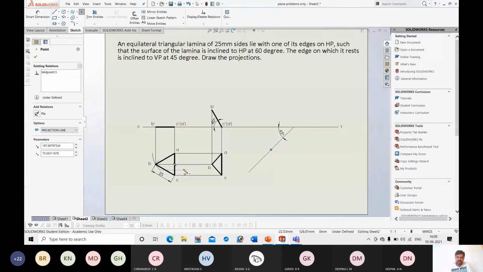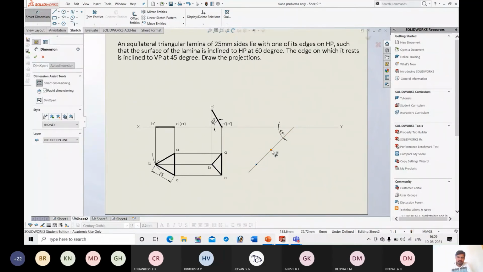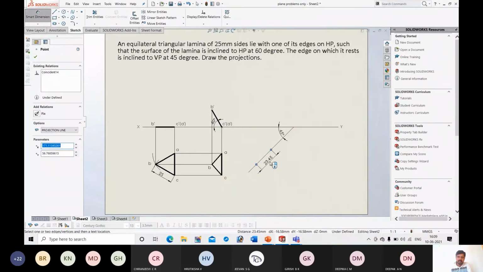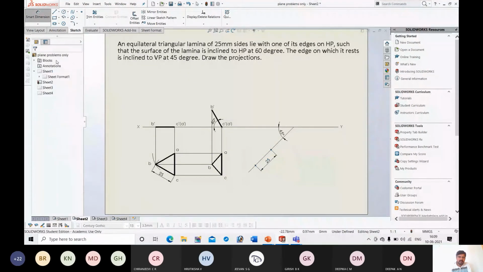You can see we are drawing projectors like this. So here also AC is 25. I will draw one more point. This distance will be 25. And I will draw a line.